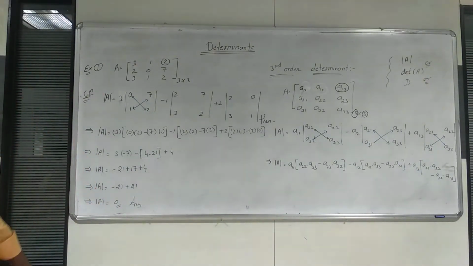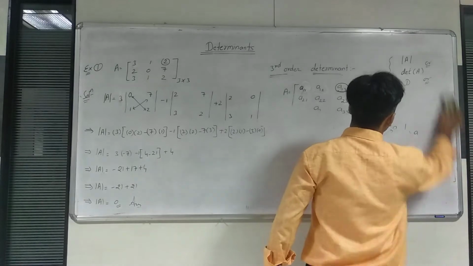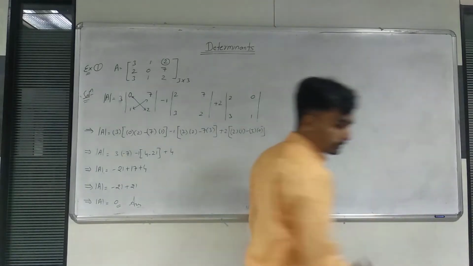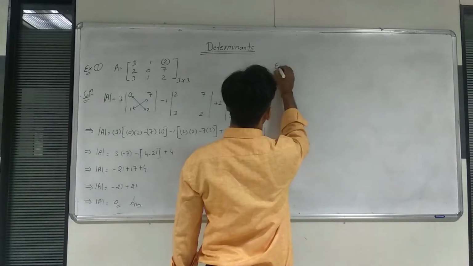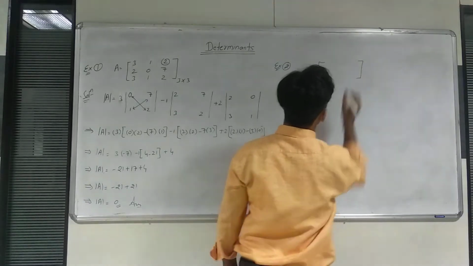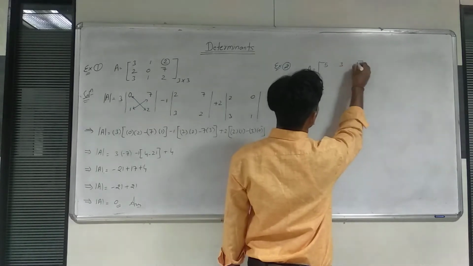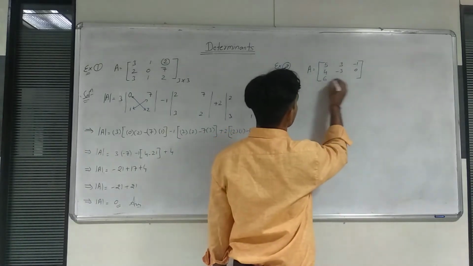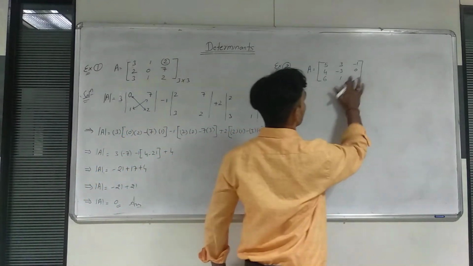One more example we can take here. The matrix is 5, 3, minus 1, 4, minus 3, 0, and then 6, 1, 2.